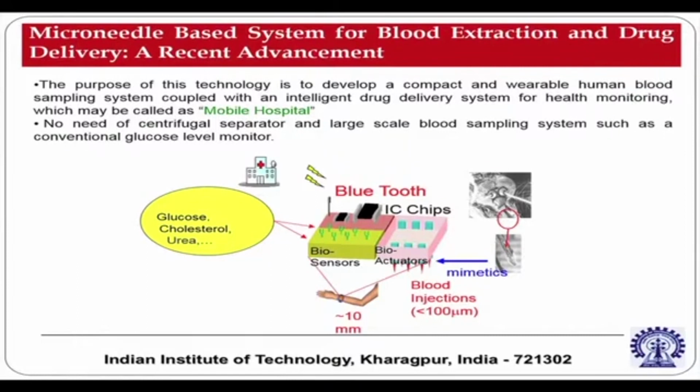Now to circumvent this problem one can go for an alternative technology by developing a biomimetic microneedle system. So a microneedle system that mimics a natural system of blood extraction, and I will come to that in a moment, but I would briefly like to discuss the issue of biomimetics.